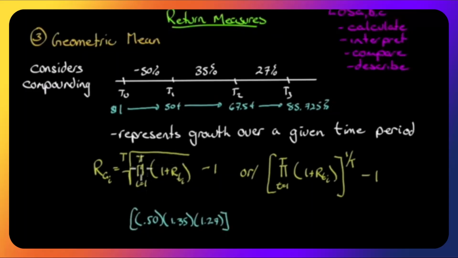That's this term in the square brackets, and we can either take the third root of it, or we can put it to the power of 1/3 minus 1, and that will give us 0.94995 minus 1, which will give us negative 0.050046.